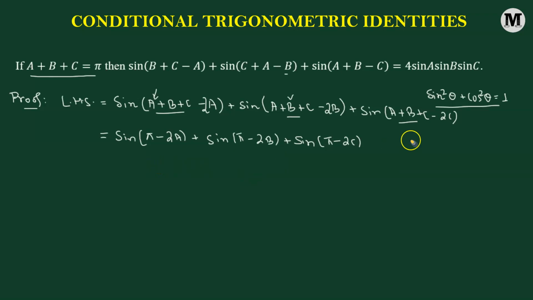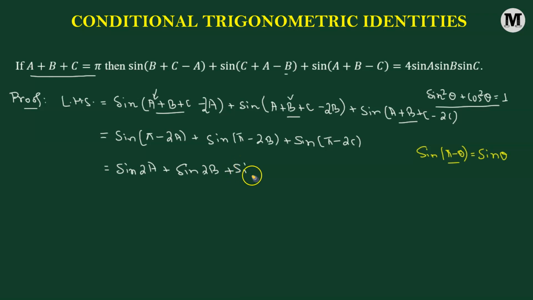Whenever we have sine of pi minus some angle theta, that's simply given by sine of that angle theta, and it's going to stay positive because pi minus theta means we are in the second quadrant where the sine function is positive. So sine pi minus 2a gives us sine of 2a.